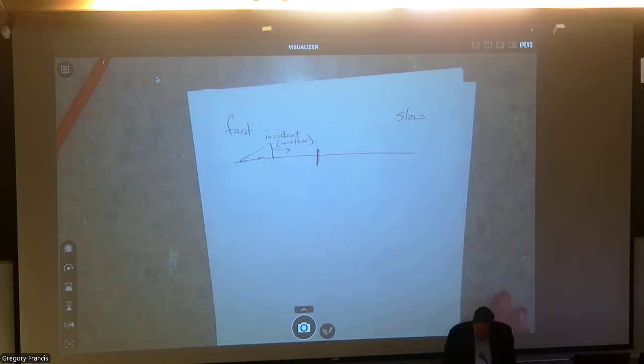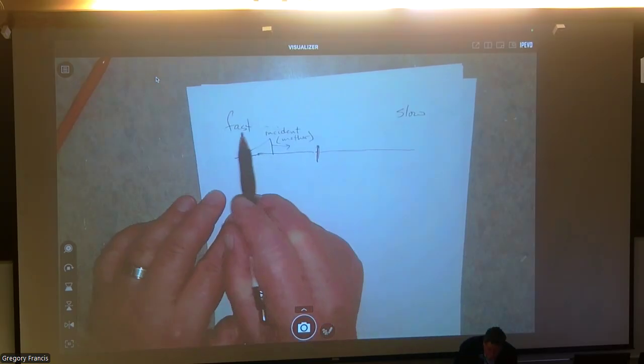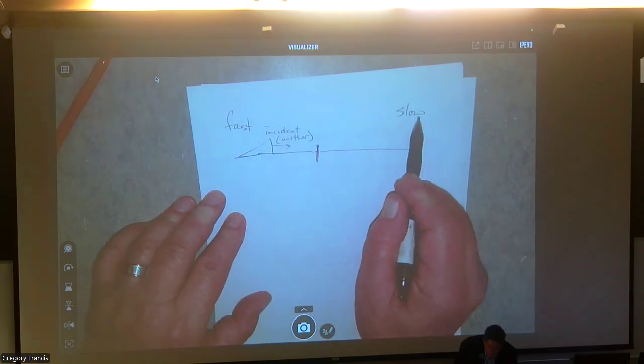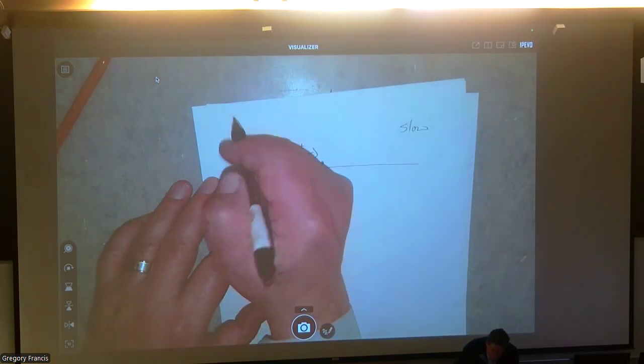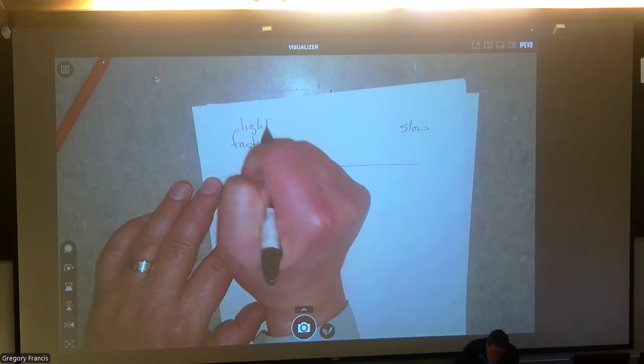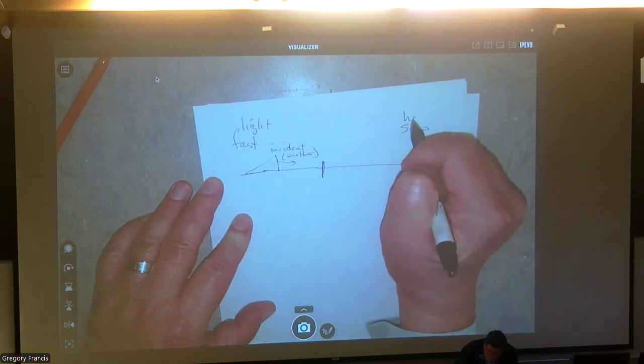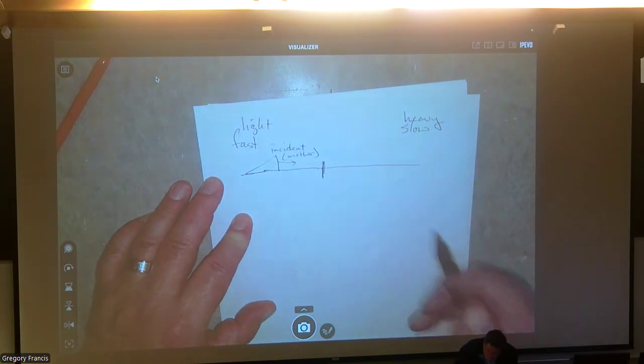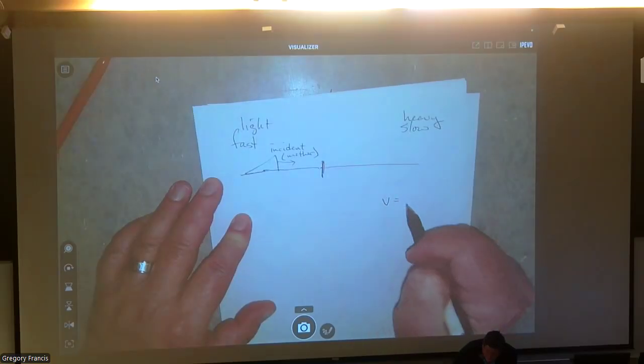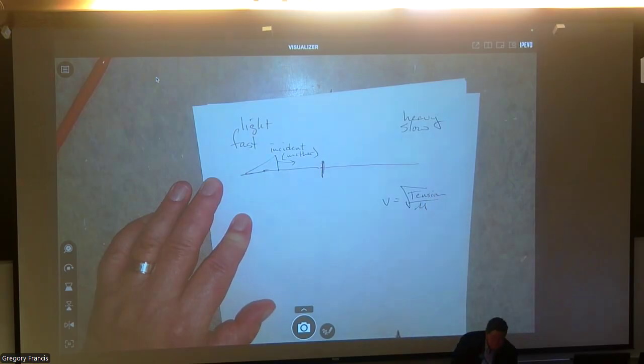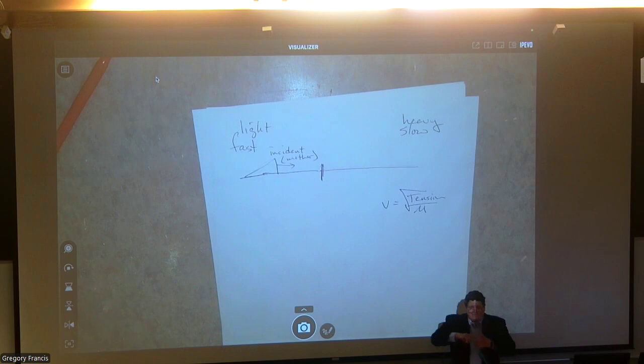Now, if I'm going from fast to slow, what that really means is I'm going from light to heavy. And I know that because the speed depends on the tension divided by the mass density. Well, they have to have the same tension because they're pulling on each other.